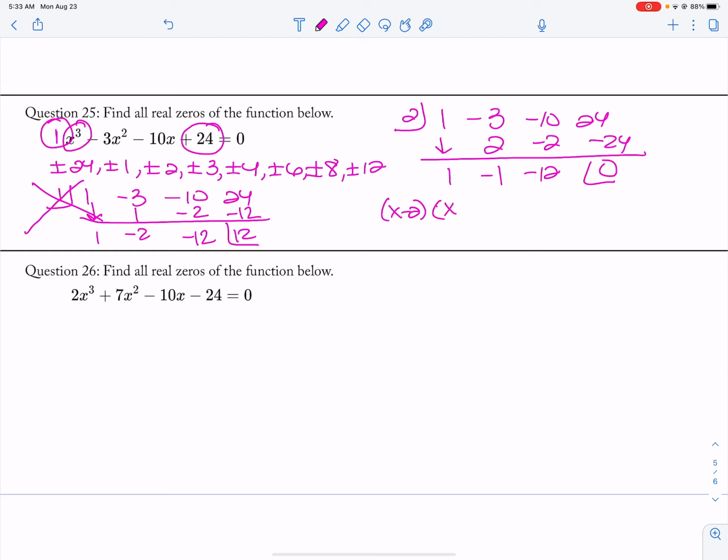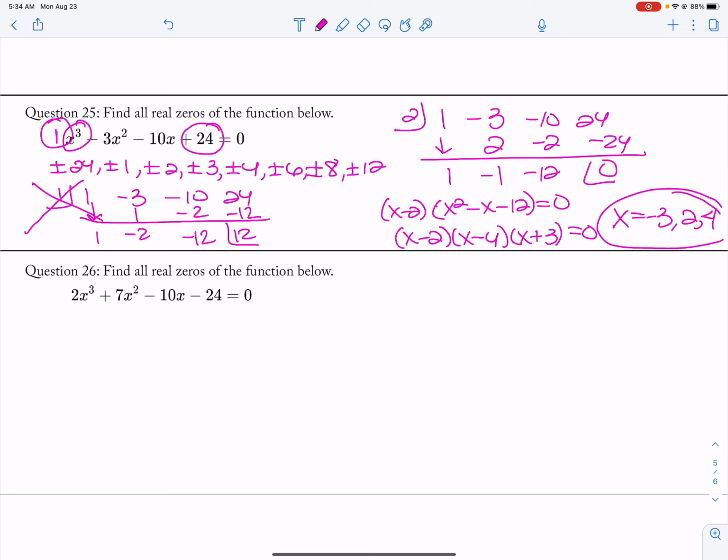I have an x squared minus x minus 12, and this is equal to 0, which factors to x minus 4, x plus 3, equal to 0. So what are my zeros? Negative 3, 2, and 4. Okay, and that is it for all the odd numbered questions for this section.